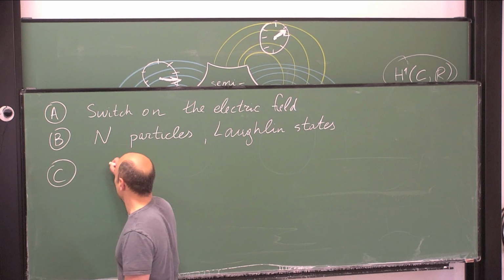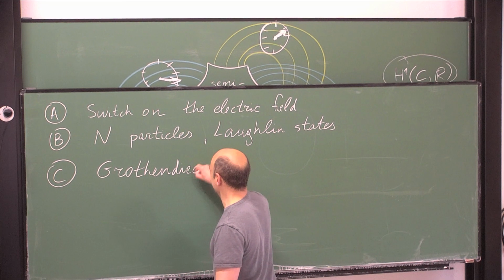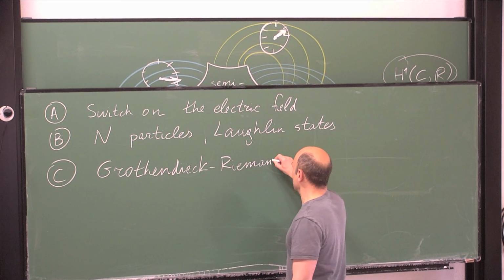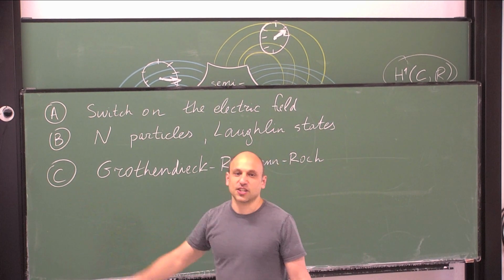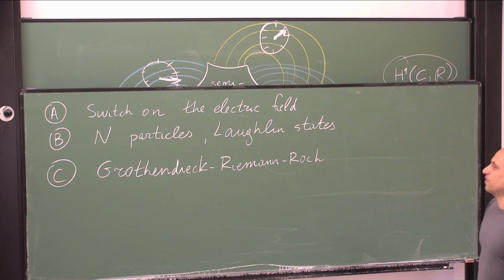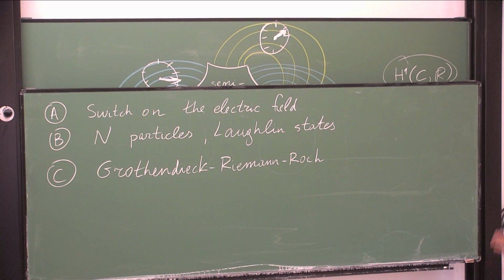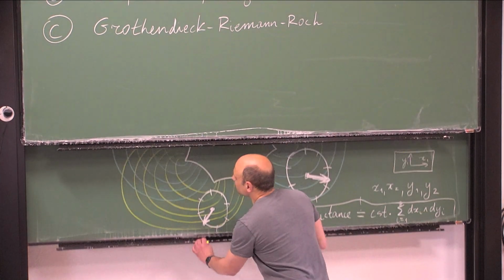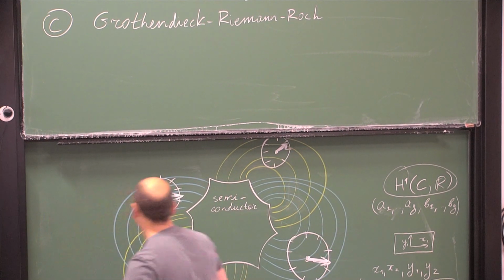And third, we will add the name Grothendieck to the formula. The Grothendieck-Riemann-Roch formula is a generalization of this for vector bundles on families. Instead of 1 curve, we will have a family of Riemann surfaces. Okay, so let's try to do things one by one.